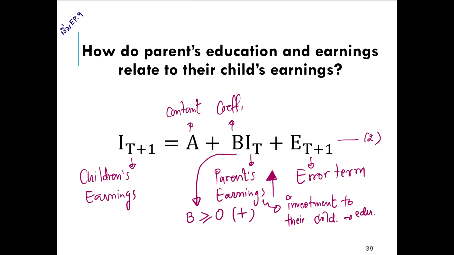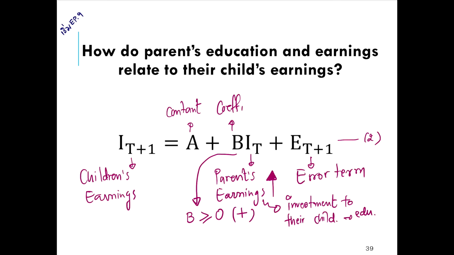If they have more money, they will support the tuition fee at the level of secondary school, university, and master's degree, for instance. So if the children receive support from the parents, education could explain their earnings, by the Mincer equation theory, remember.